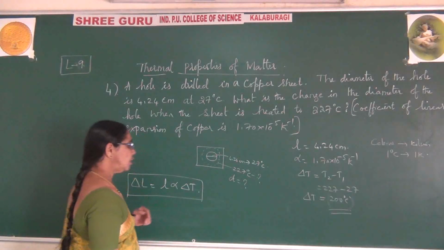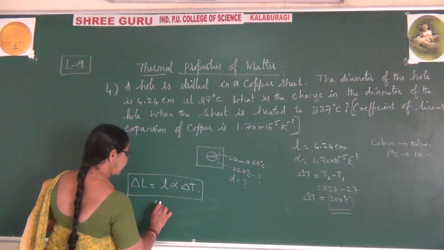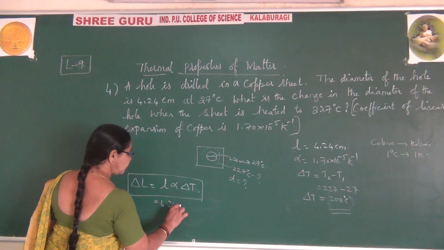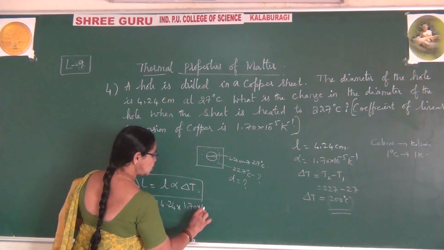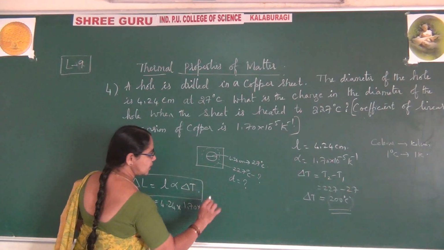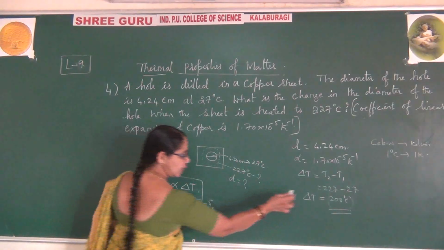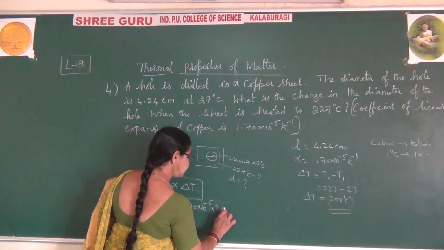Now let us substitute: 4.24 into alpha, that is 1.70 into 10 raised to minus 5, and the temperature difference, which we already calculated as delta T, that is 200.